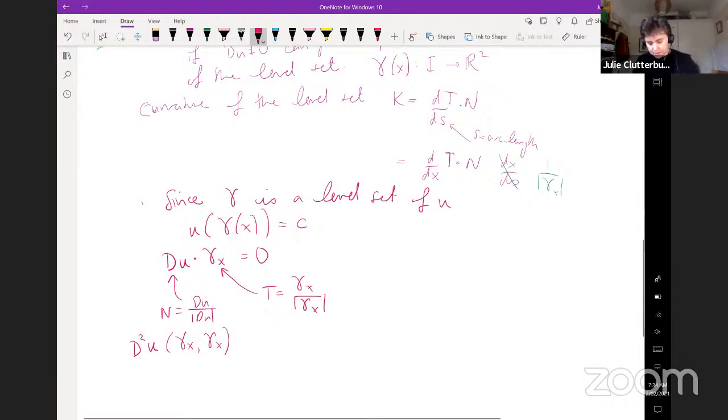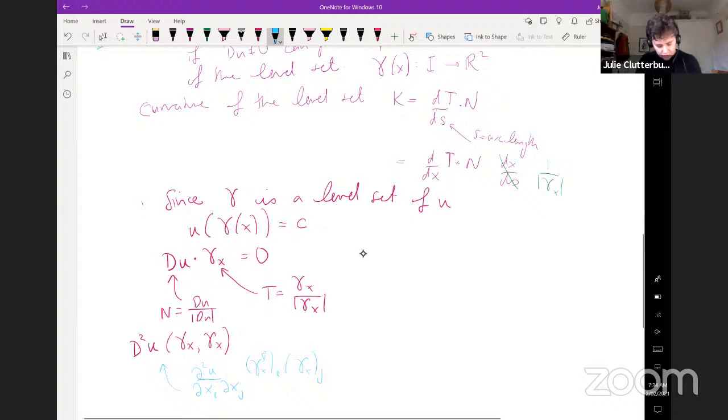In coordinates, if you prefer to write it that way, this would be d2u/dx_i dx_j gamma_x^i gamma_x^j.